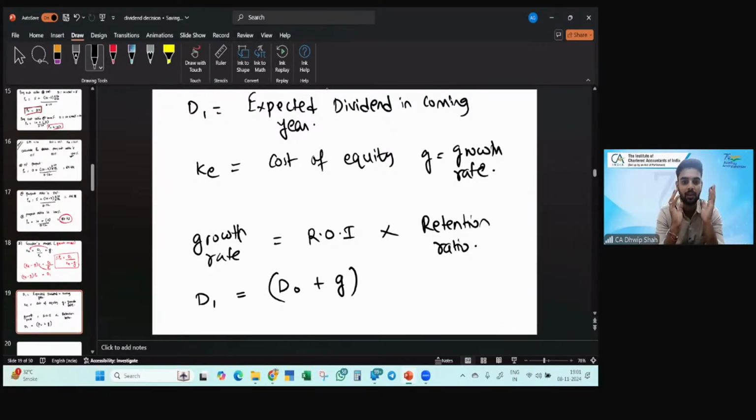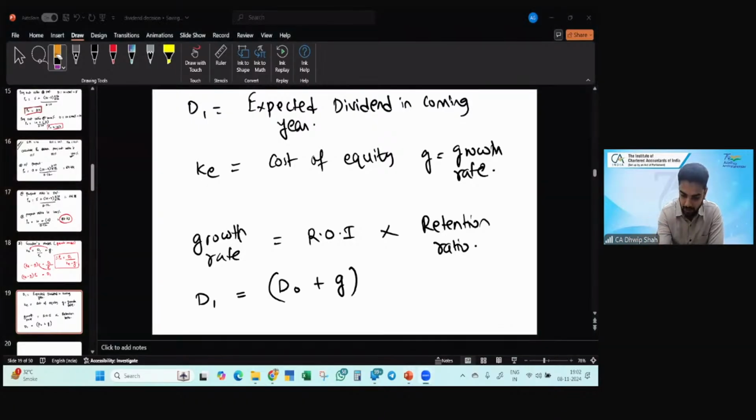That is D1, the expected dividend in the coming year. So for example, if the company has paid a dividend of rupees 10 last year and the growth rate of the company is, say, 5%, the expected dividend would be 10 plus 5%, that is 10.5. So the expected dividend in the coming year would be 10.5. Hope this is clear to you all. Understood, everyone?